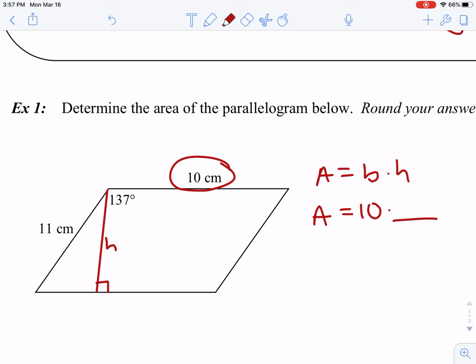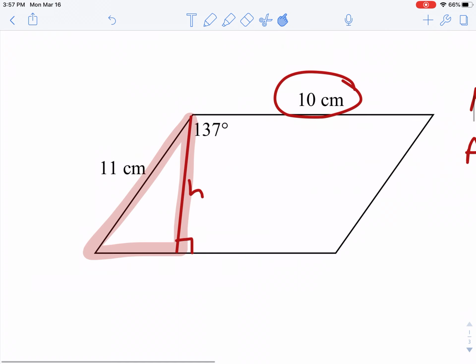But what I do know is I have a right triangle, and we know a lot about how to work with right triangles from our right triangle unit. Right now, all I know about this right triangle is one side, but if I could figure out one angle, I could use some right triangle trig. Well, what is that angle right there?